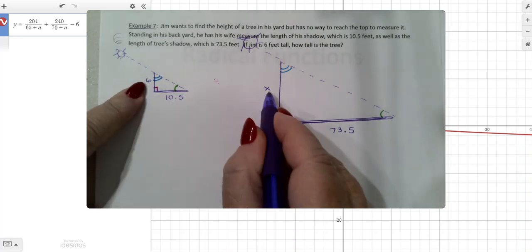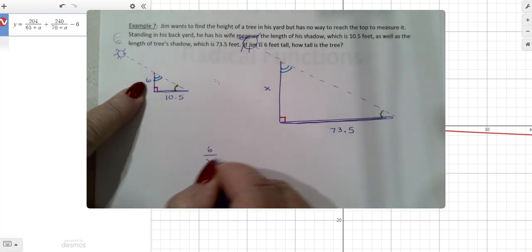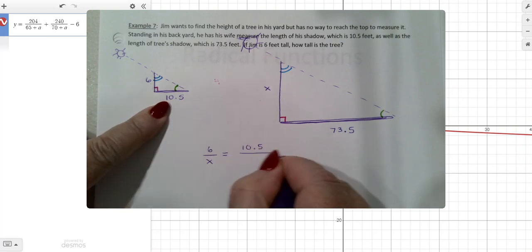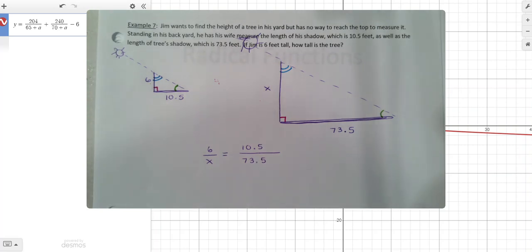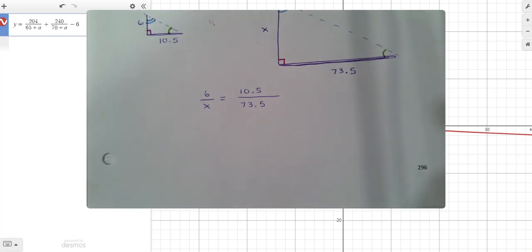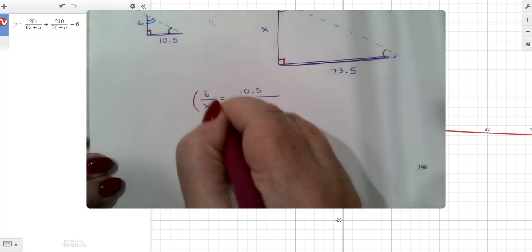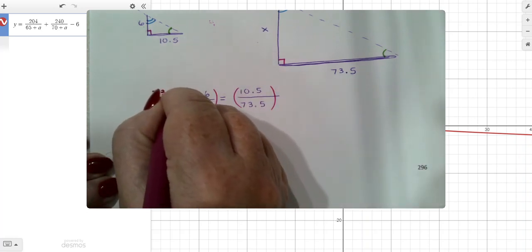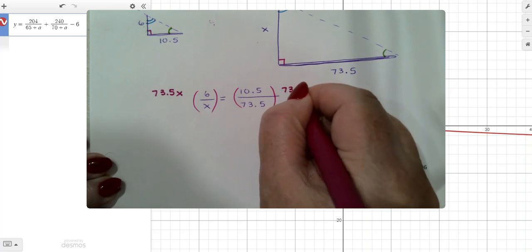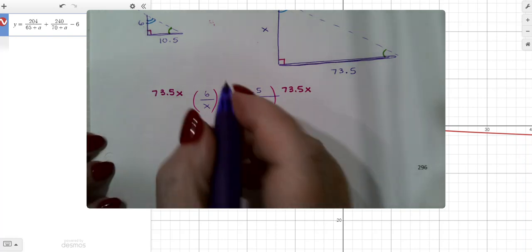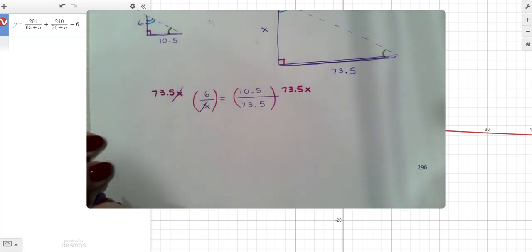We could say 6 over x equals 10.5 over 73.5. I am going to multiply by my LCD, which would be 73.5 times x. And let's see, divide out those x's.